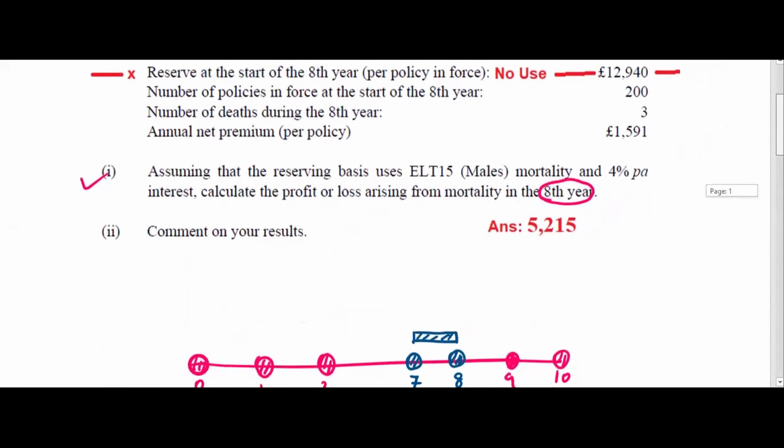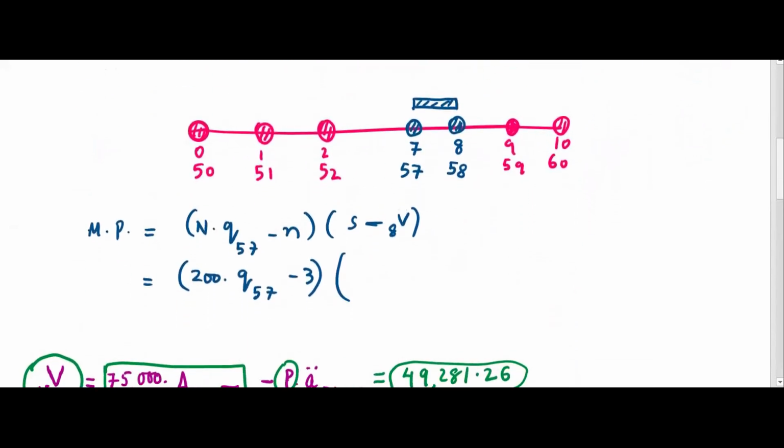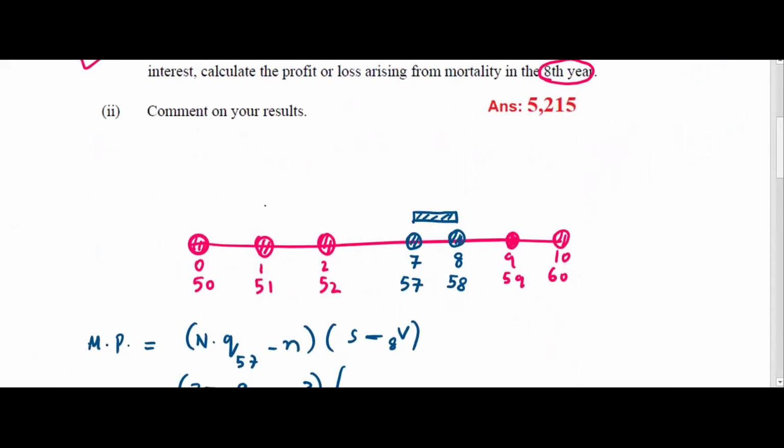Then net premium is given. We don't need that. Sum assured. Okay. When we talk about sum assured, remember this is an endowment policy. So we have some S here. R is 0. No survival benefit here. If you are finding mortality profit during the last year, you have to use both.